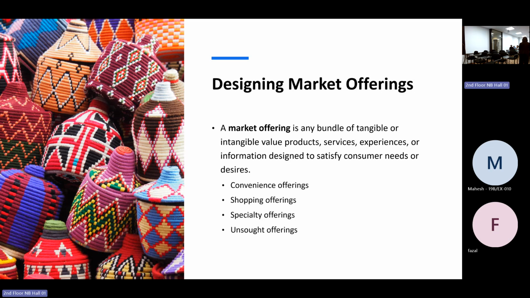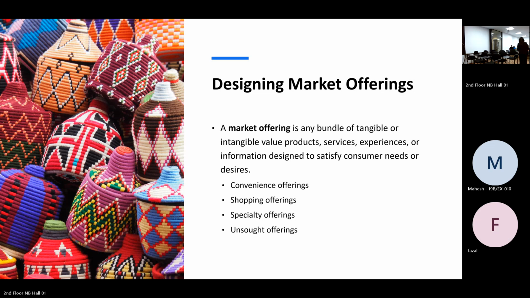Convenience products. Convenience in the sense the prices of those products will be very low and it is easy for us to buy those. Like normally some essential products, right? The things that we can easily buy come under that, right? Products or service.